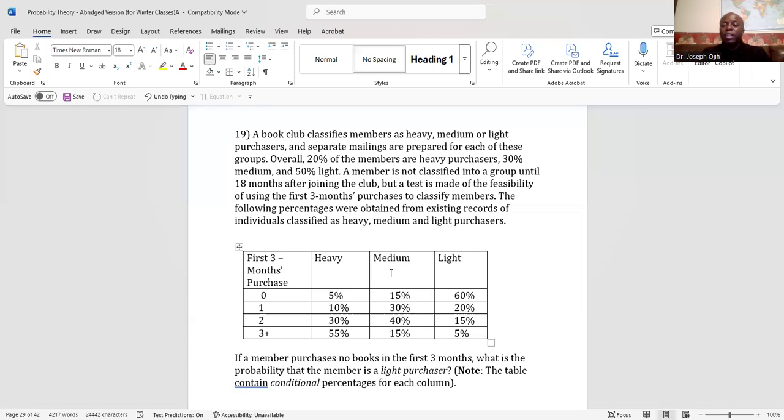A member is not classified into a group until 18 months after joining the club, but a test is made of the feasibility of using the first 3 months' purchases to classify members. The following percentages were obtained from existing records of individuals classified as heavy, medium, and light purchasers.